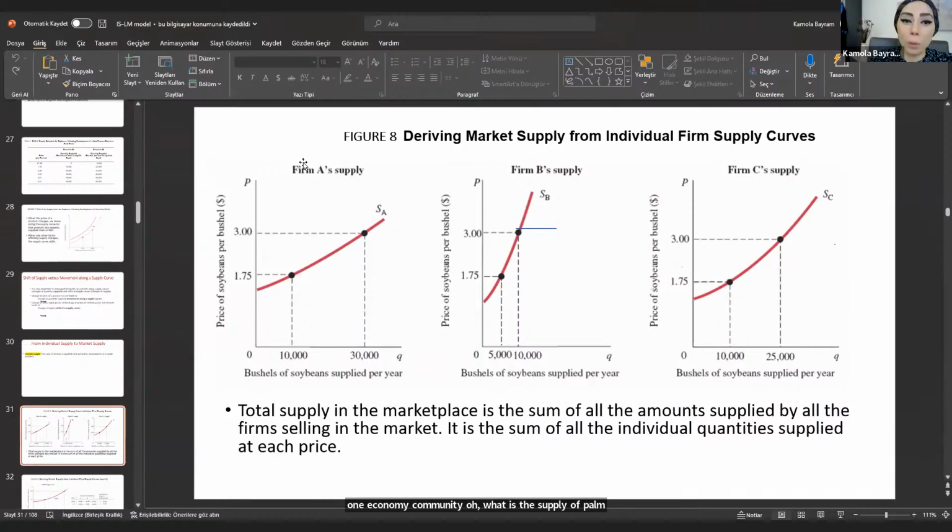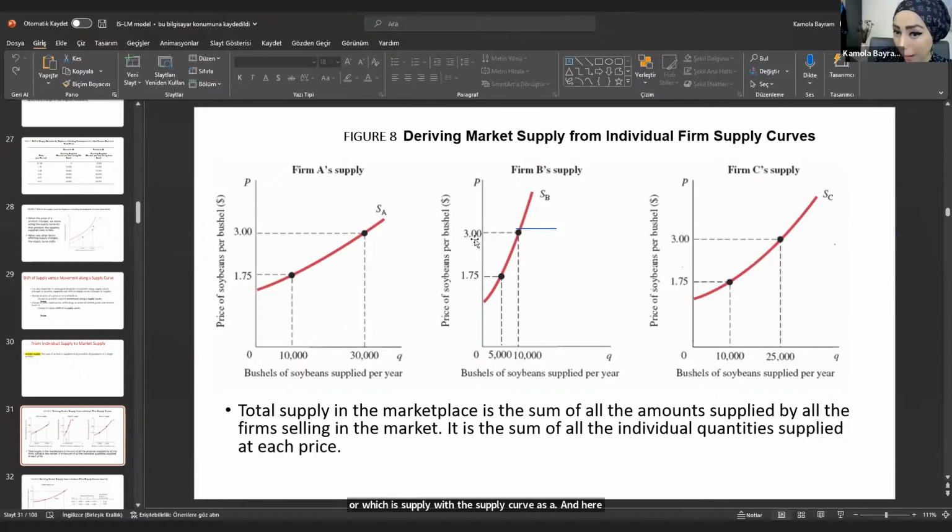Okay, so I'm looking at firm A, which is supplying with the supply curve SA, and here I see that when the price of that good in the market is 3 USD, that firm will be producing 30,000 units of that good. In this case, it's bushels of soybean.